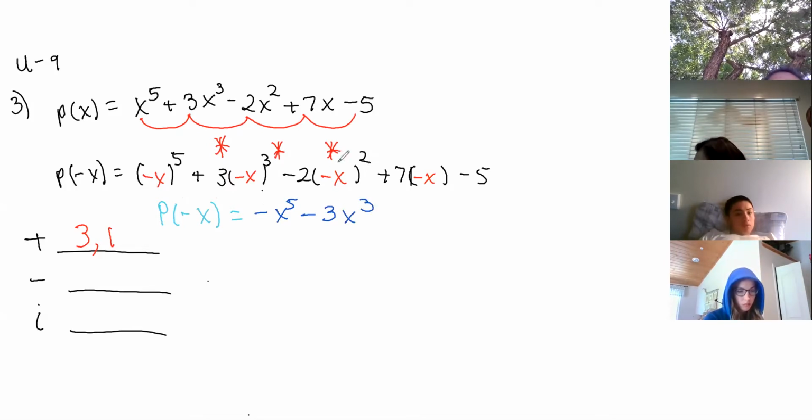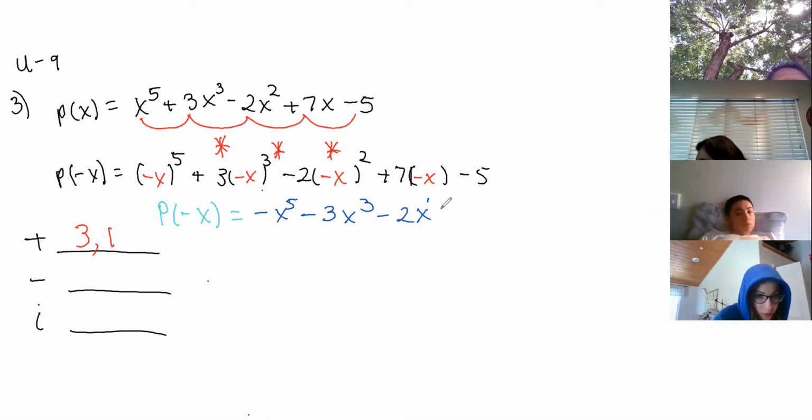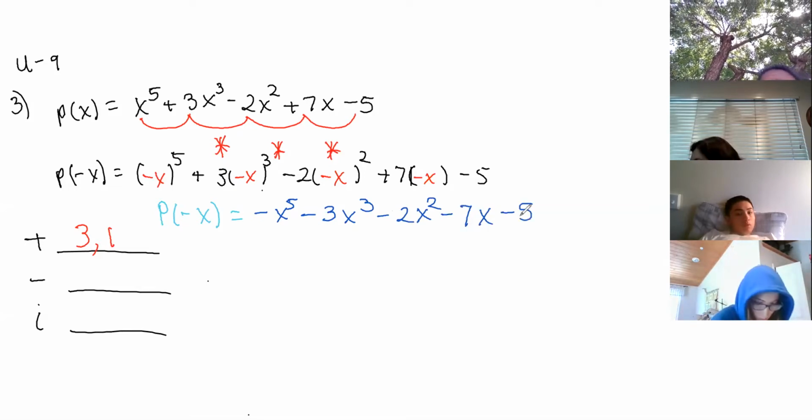Negative x squared, is it going to change the negative 2 to a plus or leave it? No, the same, minus 2x squared. Plus 7x or minus 7x? Minus 7x, and then minus 5. And then we're going to look for the number of sign changes. That one doesn't count because they're both negative.